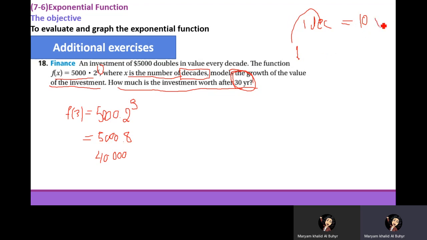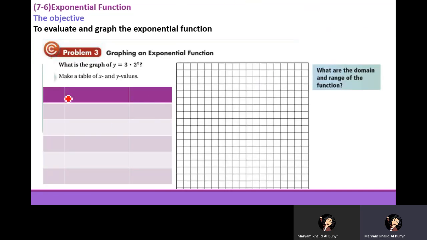If you remember the units, how we converted in the previous semester, here I have from small to big, I'm going to divide by 10, which equals 3 decades. So that's what we did, and we substituted here. That's for this problem, so I also explained this problem for you.